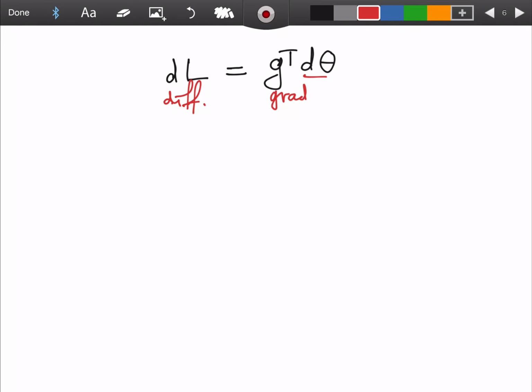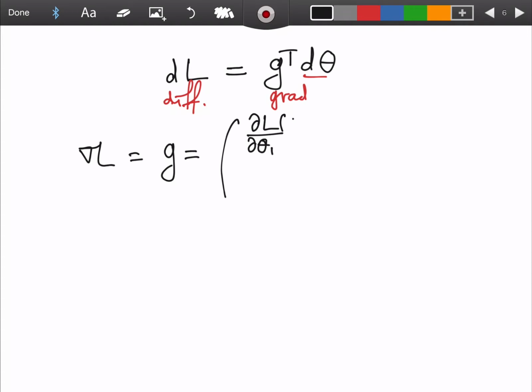Just remember that this g, this gradient, in the standard Euclidean basis, of course, is given as the vector of partial derivatives. In any other basis, it can be a different vector. Any questions?